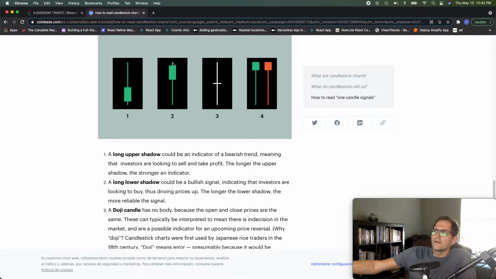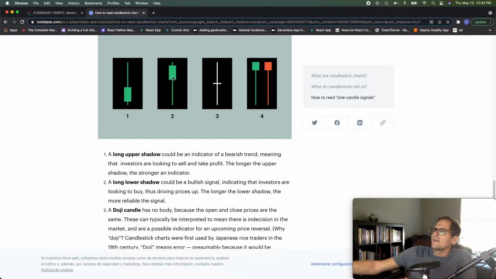Real quick, this is the wick, this is the body. The top of a green body is the close, and the bottom of the green body is the open, because this green body is indicating that it went up over this period of time. The wick shows you how much it went up or down within that given period of time.